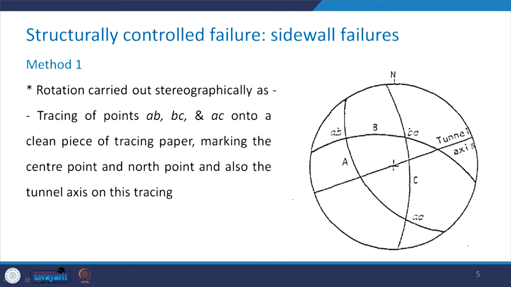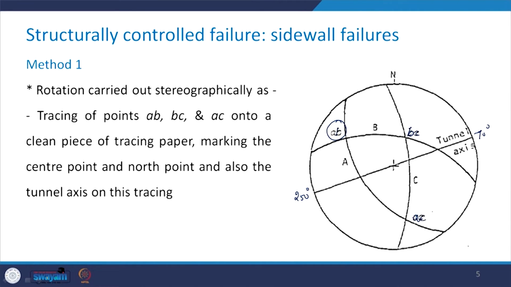So, this is the figure. Here is your tunnel axis, 250 degree and 70 degree. We have these intersection points AB, BC and AC.